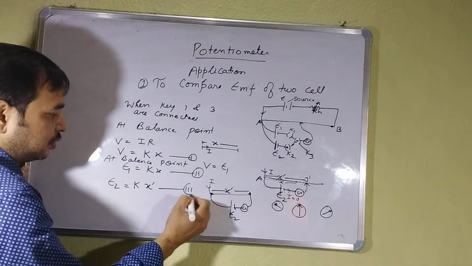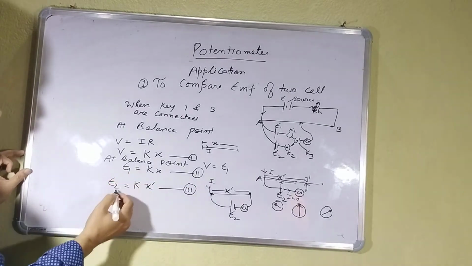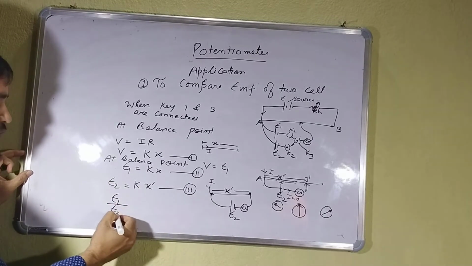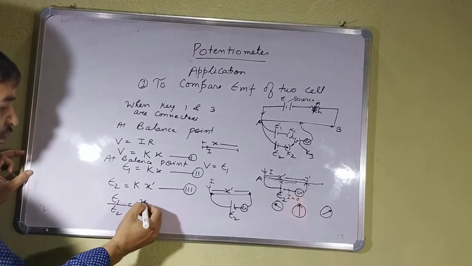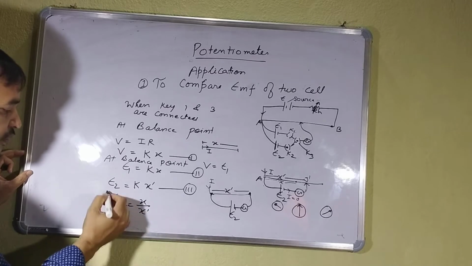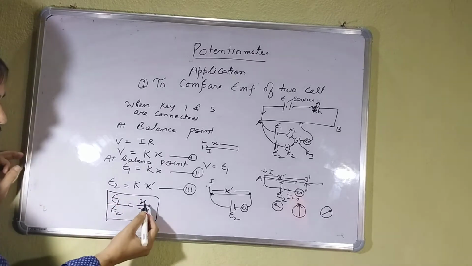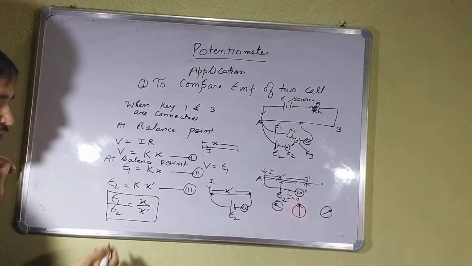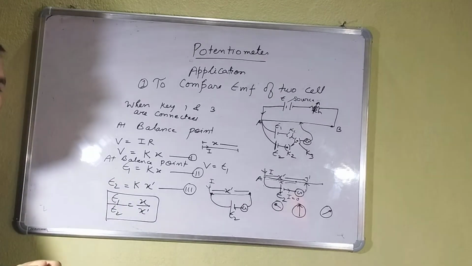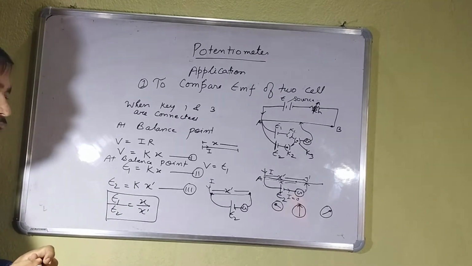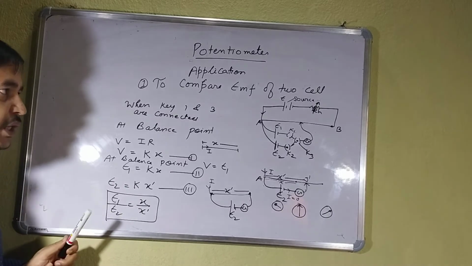That is equation 3. Now if you divide these, K will cancel out and you get E1 by E2 equals X by X dash. So in the experiment we have to measure X and X dash, and then find E1 by E2. We have to do the same experiment by changing the current.